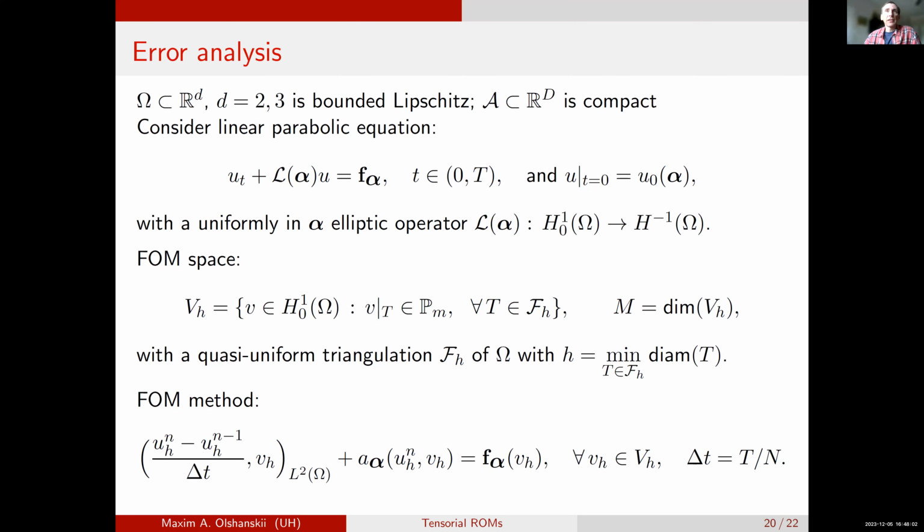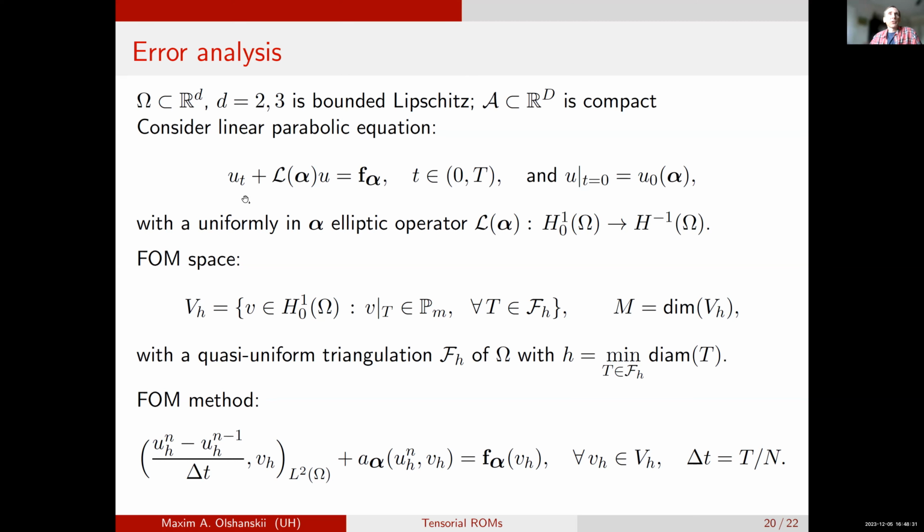All right, so now I'll spend a few minutes explaining error analysis, because this is the part I really like about doing this tensor POD instead of a standard POD, because it also allows us to move forward with respect to error analysis of the ROMs. So this is my setup here.